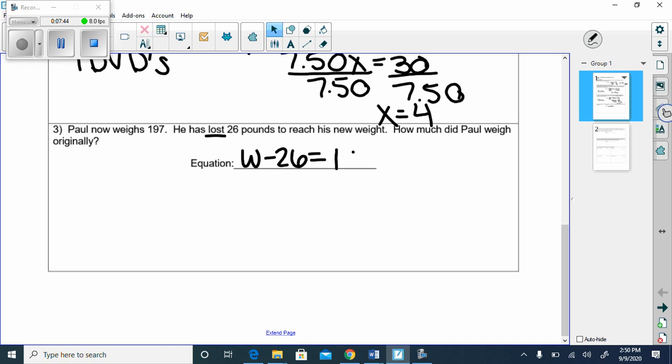Right. However, you were right because now to solve this equation, what am I going to do? Add. Now I'm going to add. And I get that he weighed 224. Good. Okay.